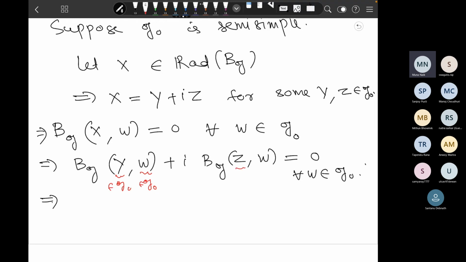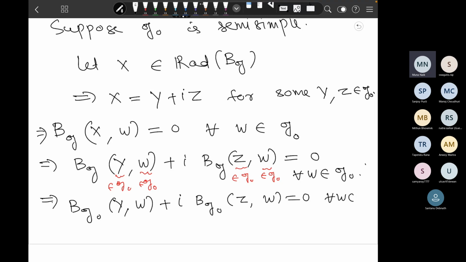I apply that proposition, so this is BG naught YW plus I BG naught ZW is equal to 0 for all W belonging to G naught. Now G naught is a real Lie algebra. Therefore BG naught YW is a real number, and so is BG naught ZW.